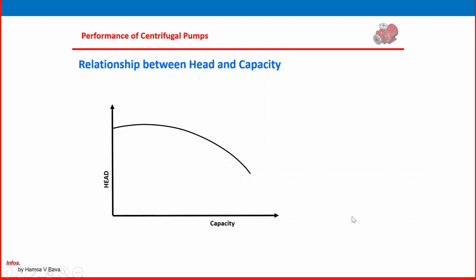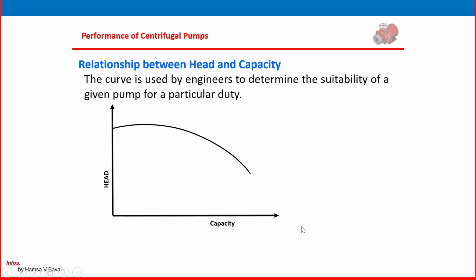In this slide you can see a performance curve, head versus capacity. Let us see what information we are getting from this performance curve. The curve is used by engineers to determine the suitability of a given pump for a particular duty.